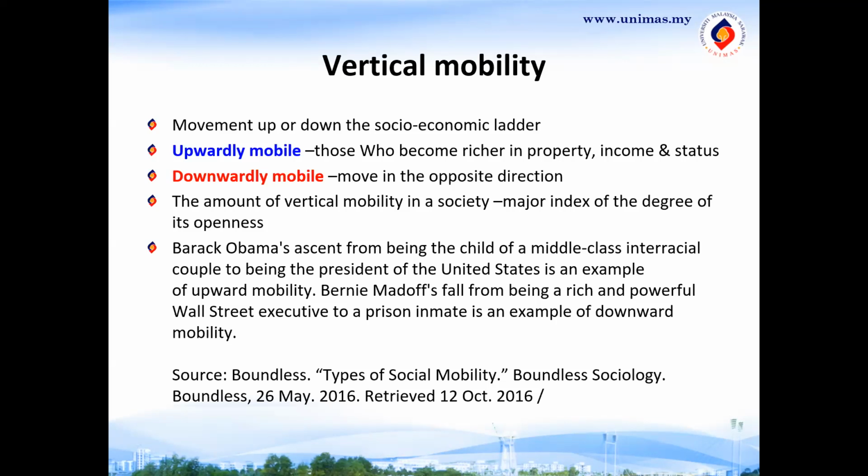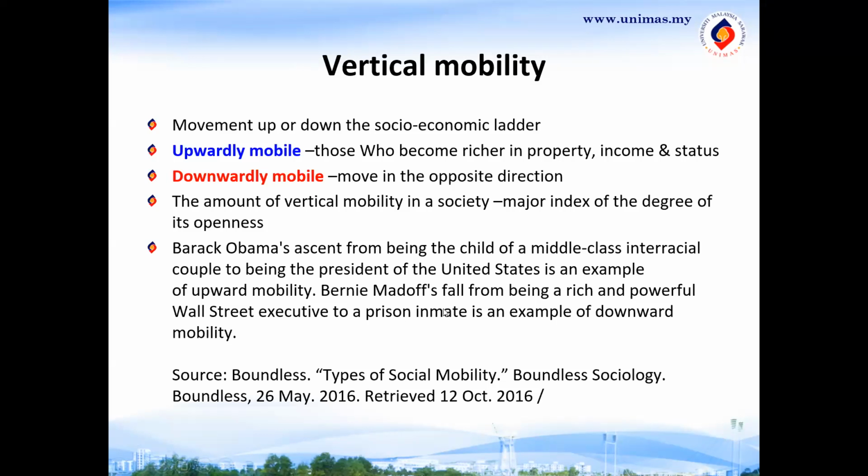I think you probably know of local examples in Malaysia who may have gone through the same process as well. So you can be on top, but at other times you may be at the bottom because of certain circumstances you went through in life. All right, so that's vertical mobility, upward and downward.